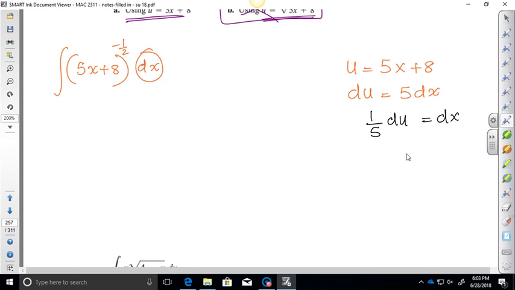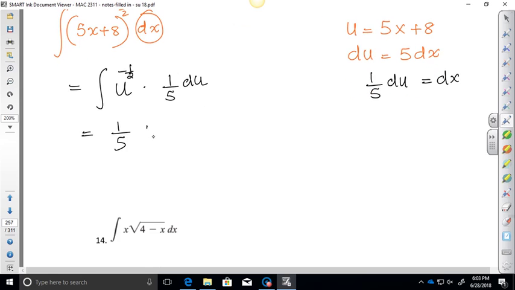So this is going to be integral u to the negative 1/2 times 1/5 du. Yes, du. So now I'm going to integrate it. What's the integral of u to the negative 1/2?